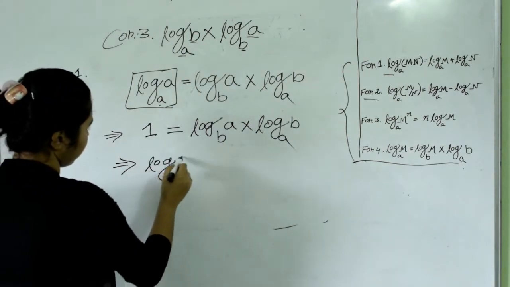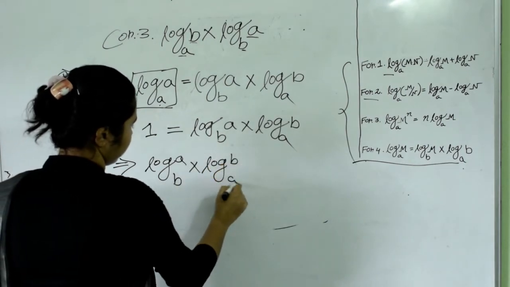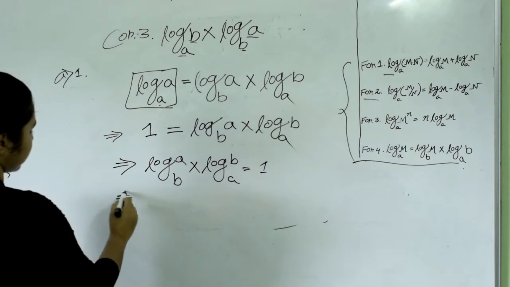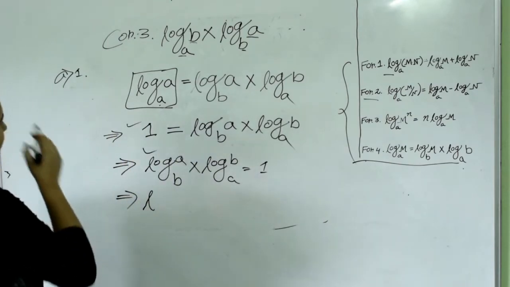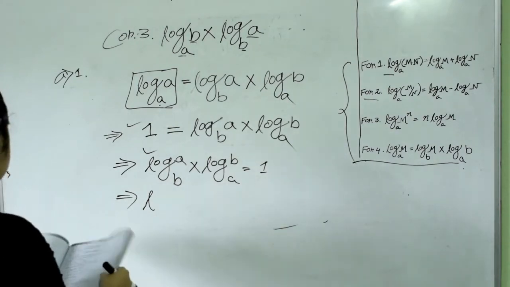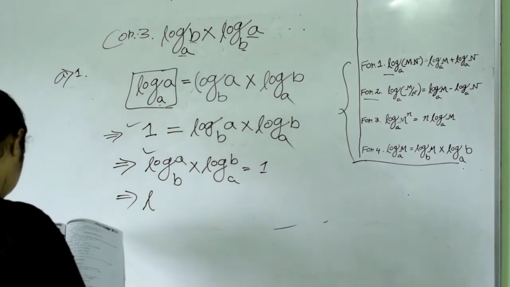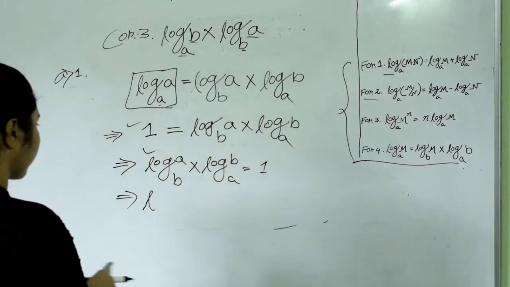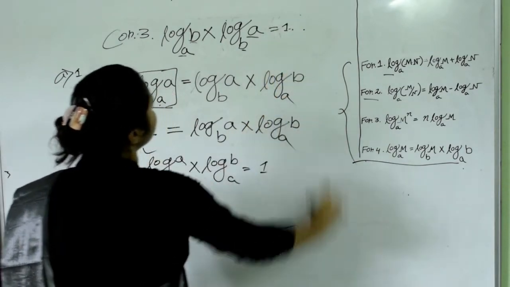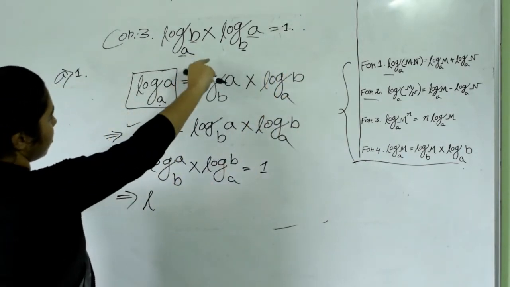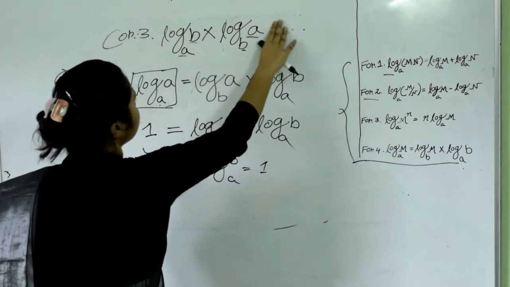Okay, first write, so these two expressions are same, so we have to calculate. We have to show that log a with base b and log b with base a is 1.